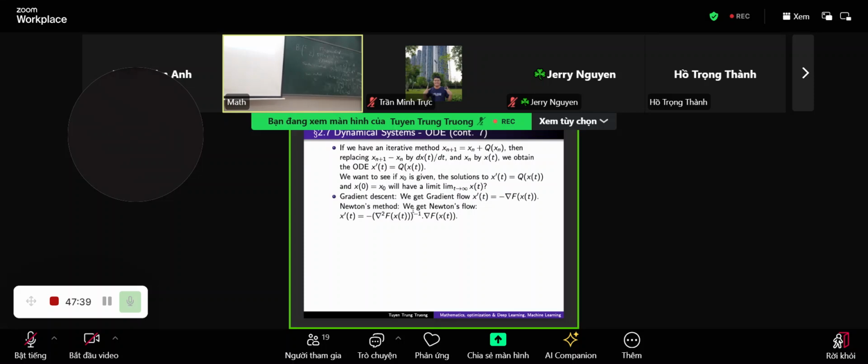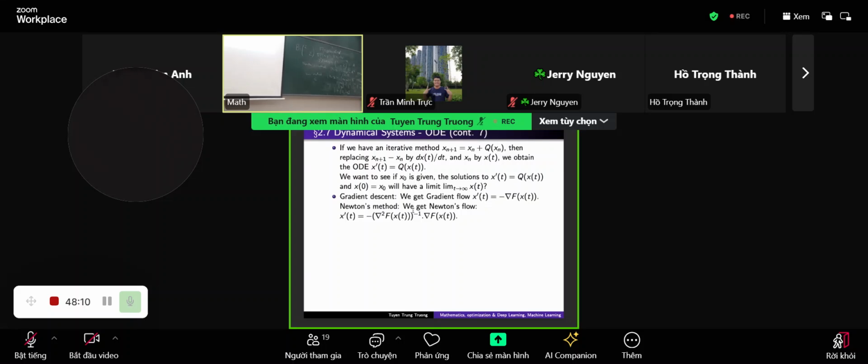For example, for gradient descent, the gradient flow will be x'(t) = -gradient of f(x(t)). For the Newton method, you get x'(t) = -the Hessian of f at x(t), inverse, times the gradient of f at x(t).